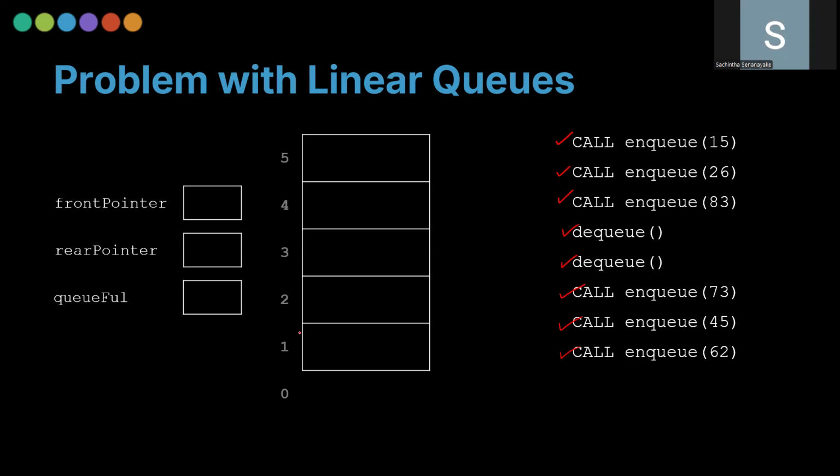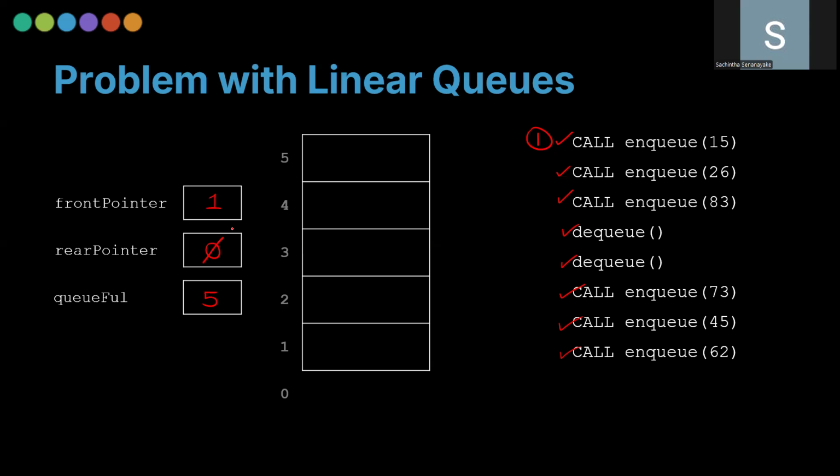Now we start off with an empty queue, where queue full will be set to 5, rear pointer will be set to 0, and front pointer will be set to 1. The first operation is to call enqueue 15. Why call? Because enqueue is a procedure, and we are supposed to add number 15 into the linear queue. The way we add it is by, of course, incrementing our rear pointer.